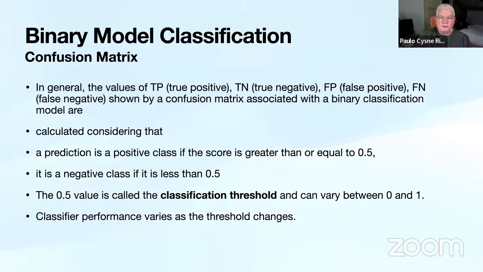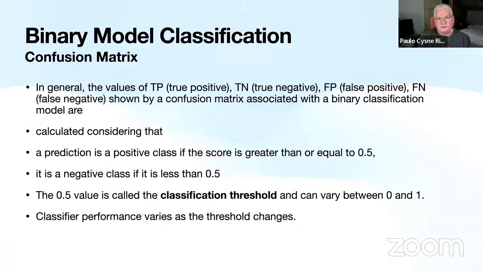For you to remember what is what, just think about true means that it is equal to the true value, and false means that the model is giving a classification that is wrong. So if it says false positive, it means the model says that it's positive, but it's wrong. In the true value, it should be negative.